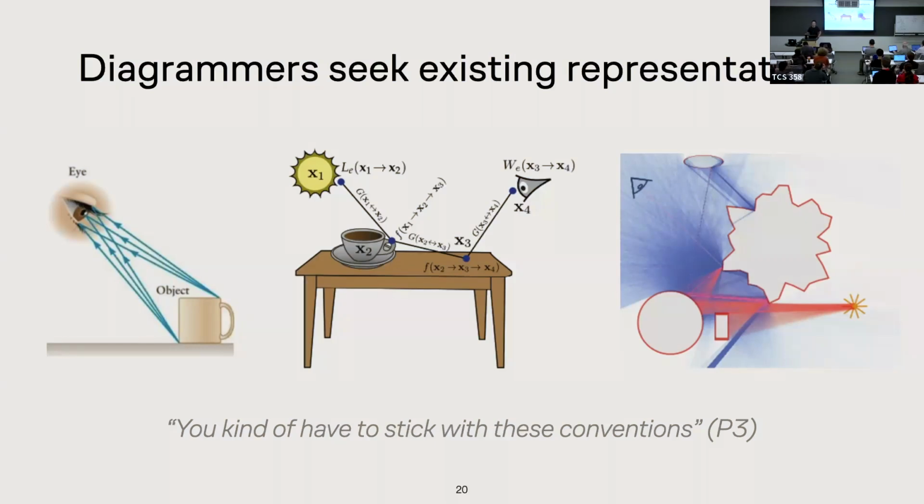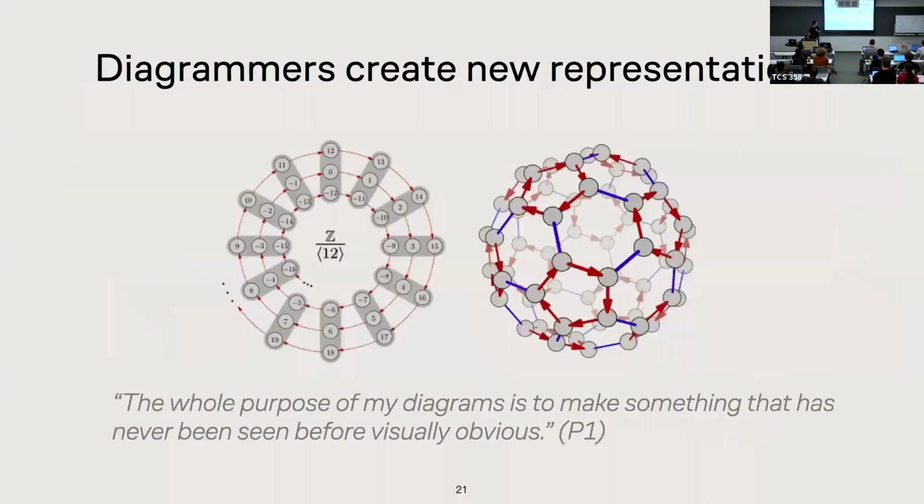For example, in computer graphics, the view angle or the camera is often represented as these icons of eyes. And then the lights are represented as literal visual lines bouncing in the scene. While allowing personal style for their content, diagrammers prefer to stick with the conventions if there are any.